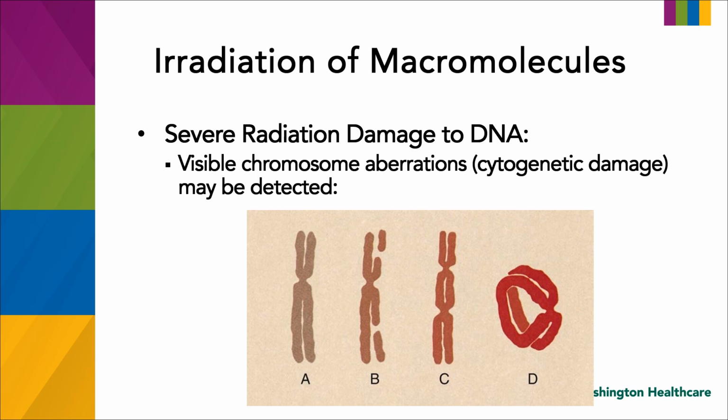A is a normal chromosome after the S phase, and B is referred to as terminal deletion, otherwise called chromatid deletion. C is called dicentric formation or dicentric chromosome, and D is called a ring chromosome, otherwise called ring formation. That's where we have severe damage to DNA.